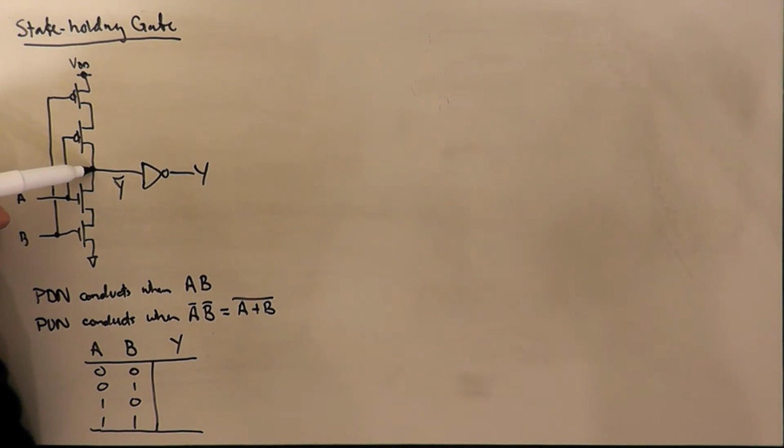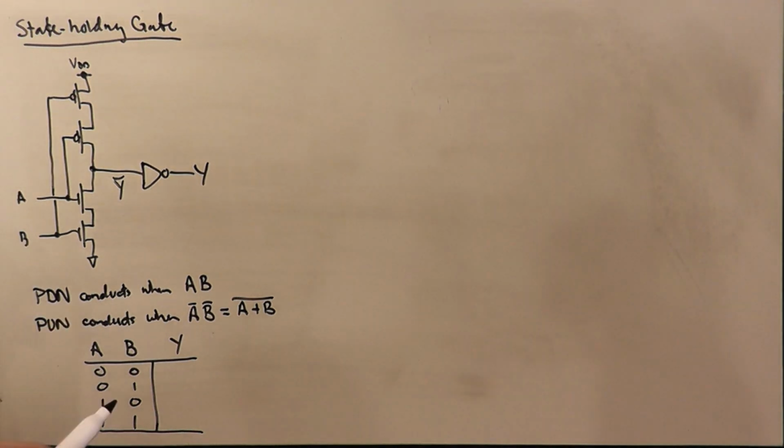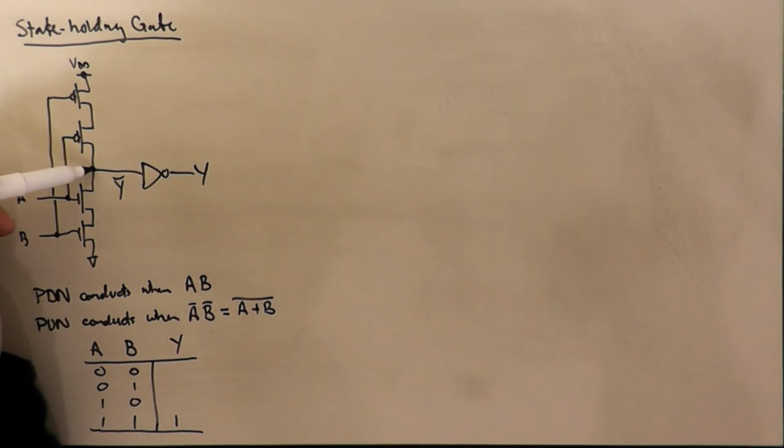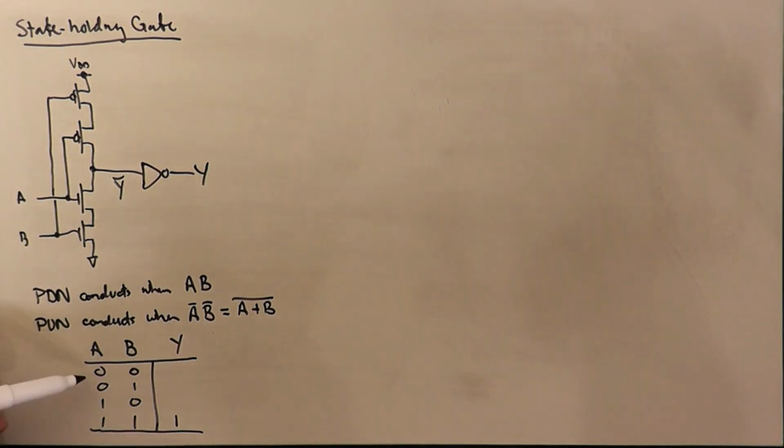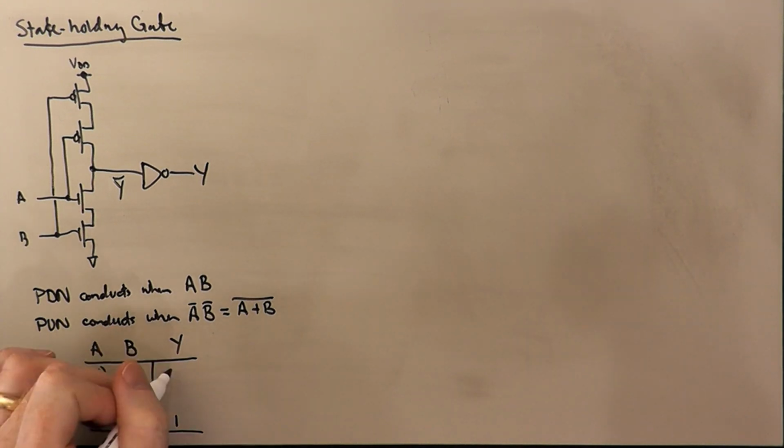Well, if that gets pulled low, then Y goes high. Y bar is going to be pulled high when A and B are both low, which is this row in the truth table. So Y bar becomes 1 when A and B are both 0, and so Y would then be 0.